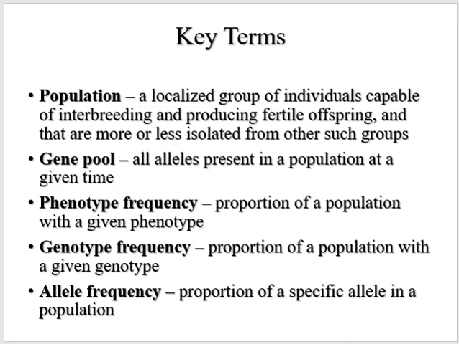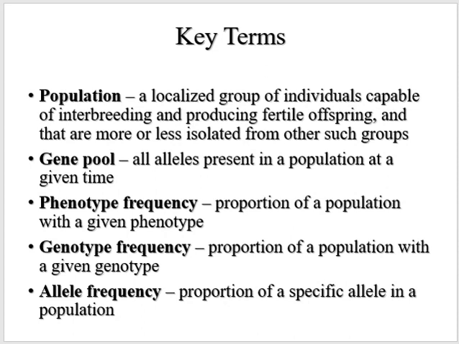The dominant allele will be big A. The recessive allele will be little a. Both come from the same gene, gene A, but they're different forms of that gene, so they produce a different phenotype. Phenotype is the observable traits or characteristics of an individual.